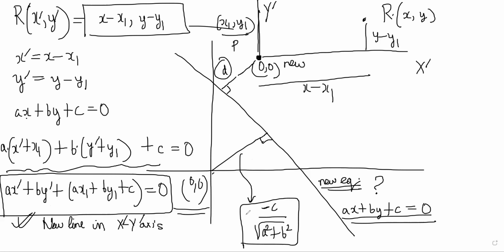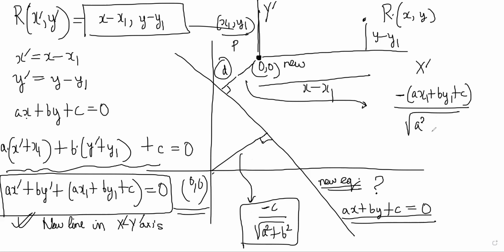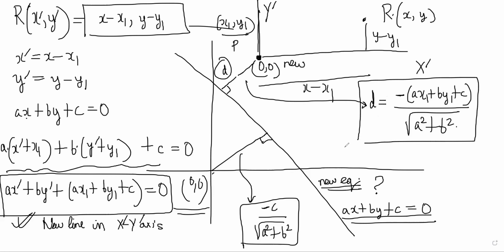Correct? And now this distance should be minus of whatever is the constant term in this equation, right? Minus of ax1 plus by1 plus c by whatever is root over a square plus b square. This distance is coming out to be this. Correct?